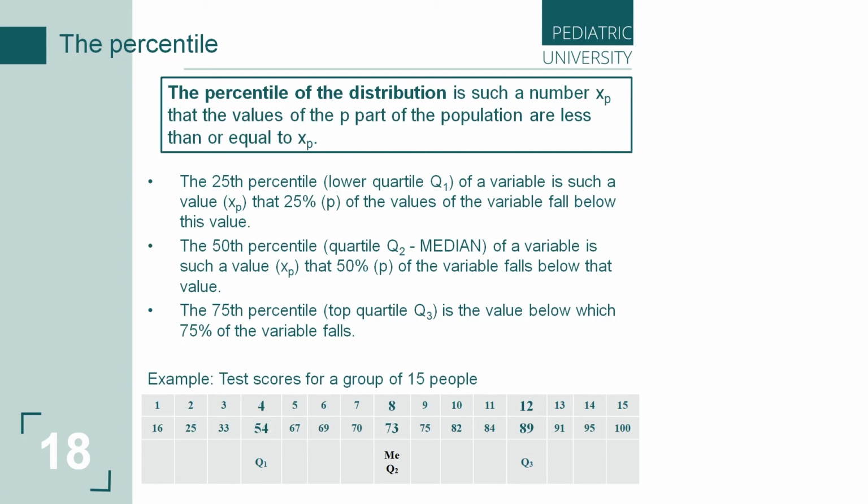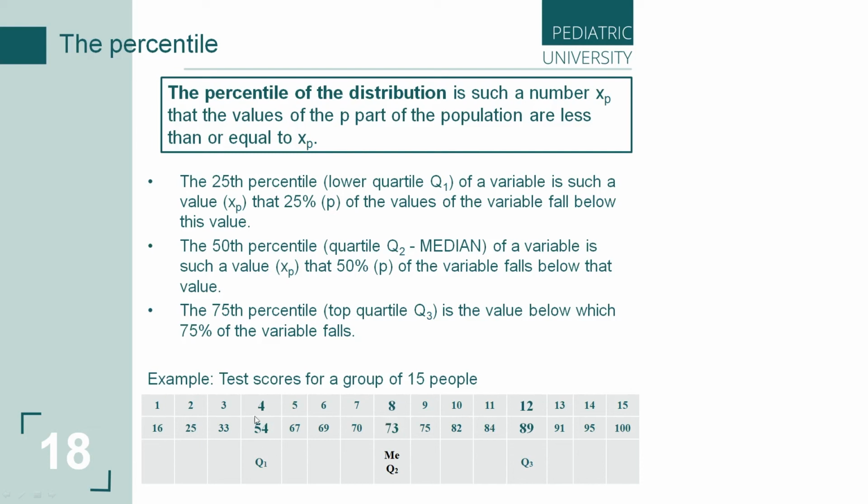The one in the middle is the quartile Q2 or median. This means 50% wrote a test score of 33 points or less, and 50% wrote a test score greater than this, more than 33.